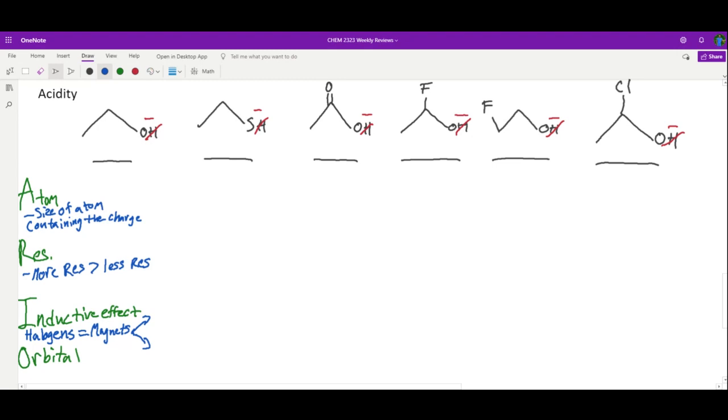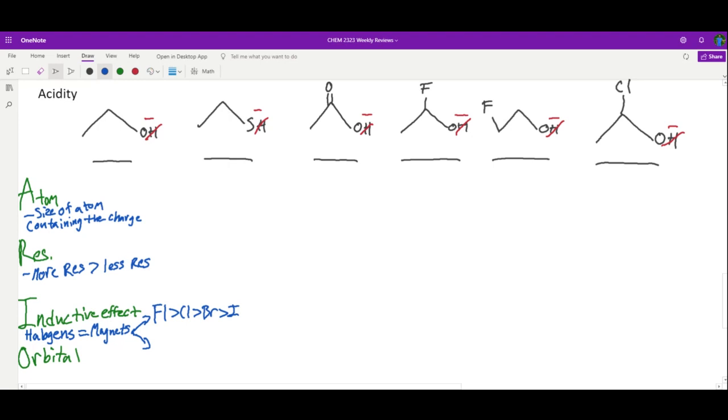And in theory, just like how resonance spreads that negative charge, halogens have the same concept by pulling that negative charge across the compound and spreading it thinner. So if you have a fluorine, that is much better than a chlorine, which is much better than a bromine, which is much better than an iodine.